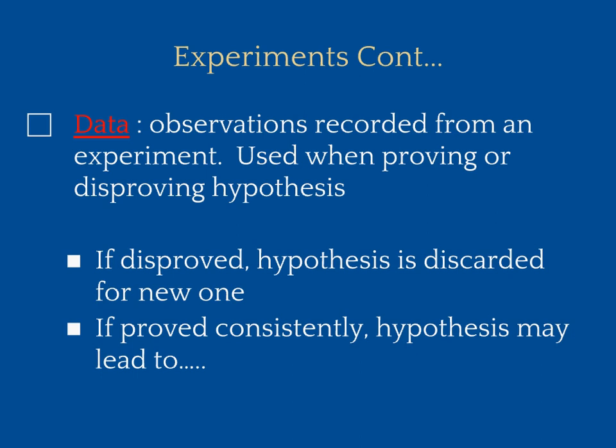No, it has to be proven over and over again. Are you the only one that's going to prove it? No, it has to be a lot of other people for it to become a theory. For example, on the periodic table that I have up here, there are some elements missing. On the periodic table that I gave you, all those are full.